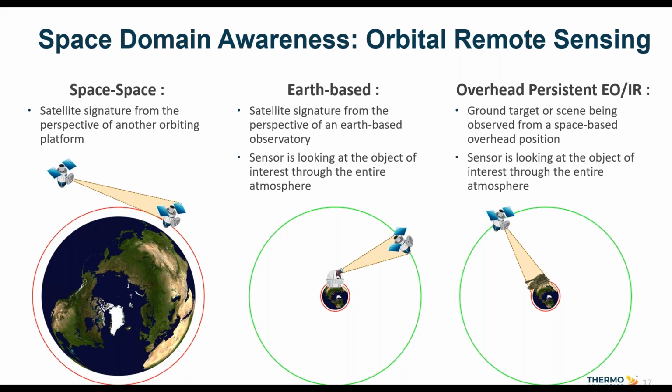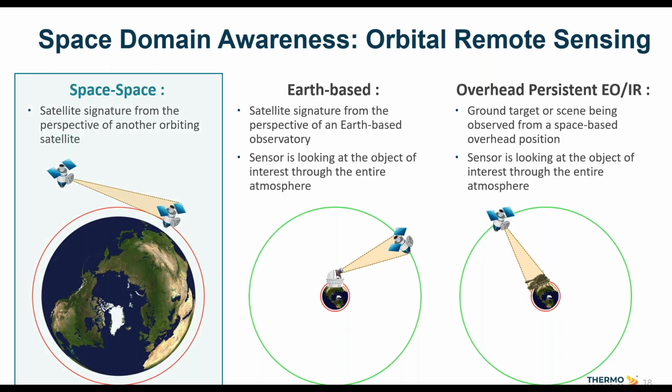There's the Earth-based scenario where you've got an Earth-based observatory of some sort looking up through the atmosphere at orbiting objects. And then finally, an overhead persistent scenario where you're using an orbiting platform to look down at a terrestrial scene. And we're going to start here by looking at a space-to-space engagement scenario.